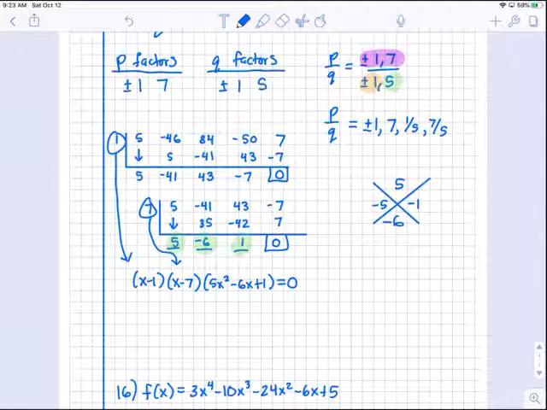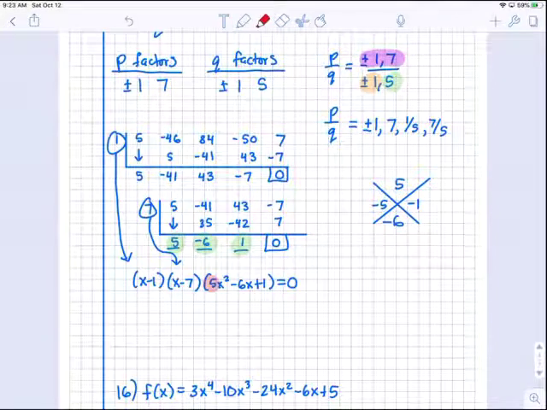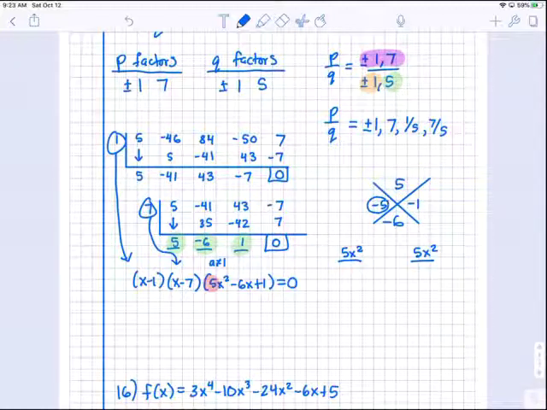Now look at your guys' a value. Your a value does not equal 1, which means you have to use the x method further in order to factor that. So you have to write that term twice, remember? 5x squared, 5x squared. You put this one in the denominator, it's going to be -5x. This one, you put in the denominator, but it's going to be -1x.